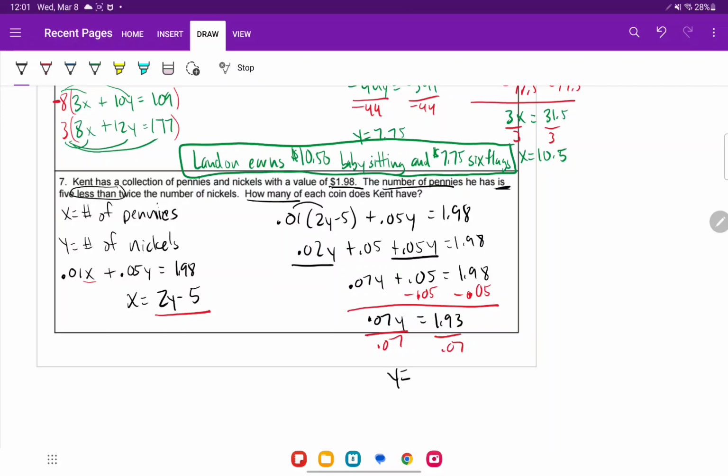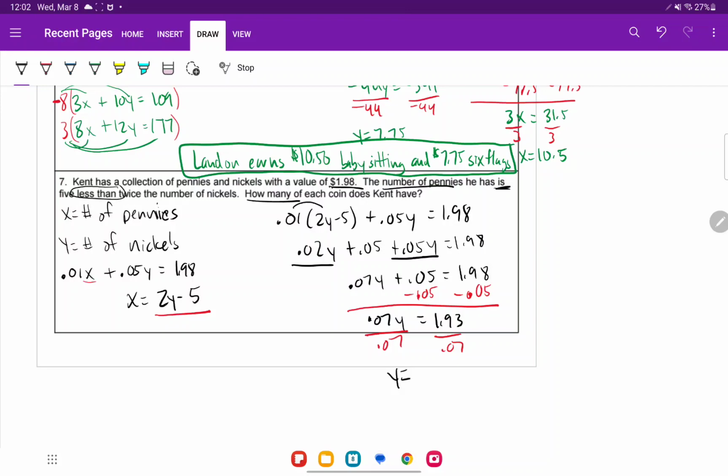let me see. All right, let's make sure we didn't make a mistake here. So sometimes you have to go back to it because I know we can't have this part of a decimal here. So Kent has a collection of pennies and nickels with a value of $1.98. So we know that 0.01x plus 0.05y, because a penny is 0.01 and a nickel is 0.05, equals $1.98.